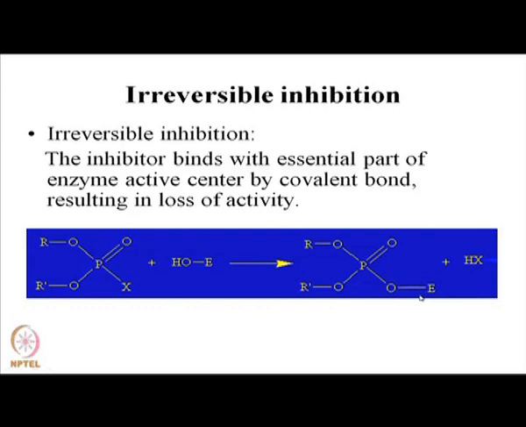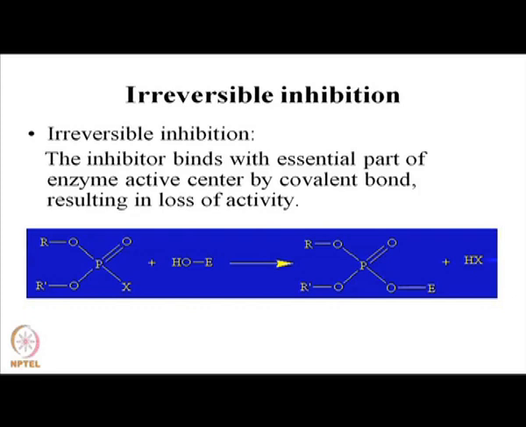Since this is a permanent bond formation, the enzyme is no longer free to react with another substrate. After this reaction happens, no further reaction takes place. So the enzyme loses its activity.